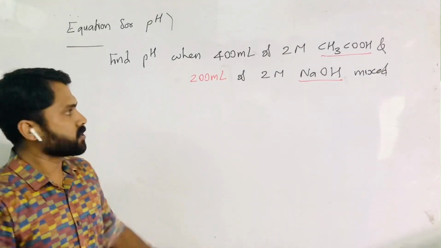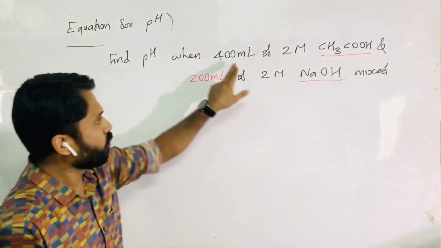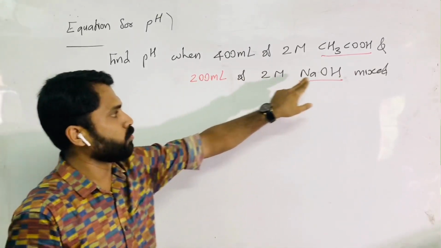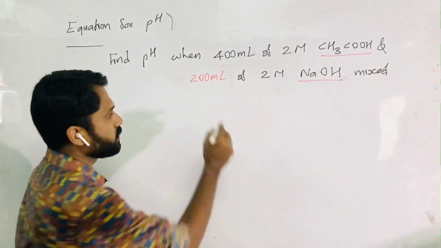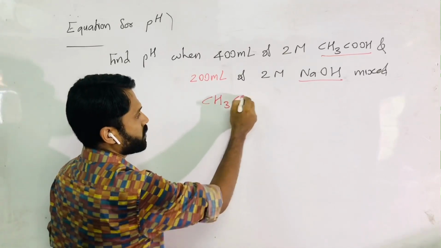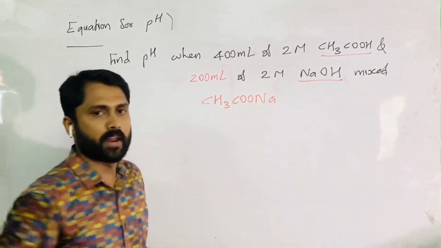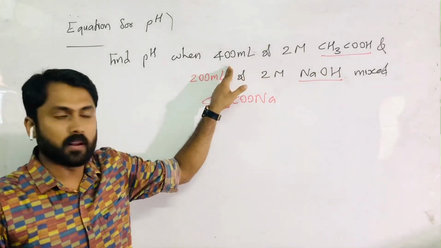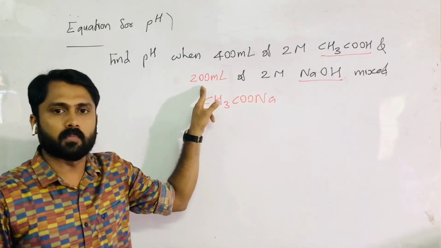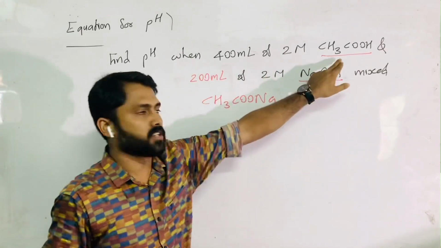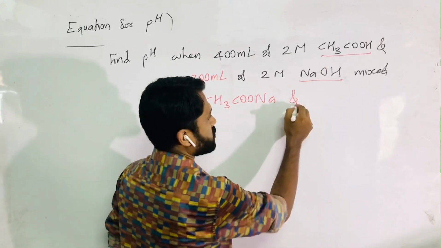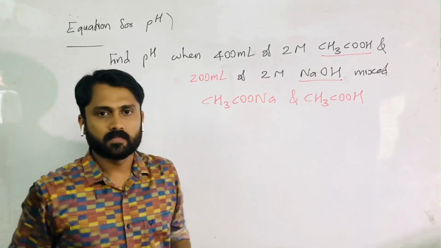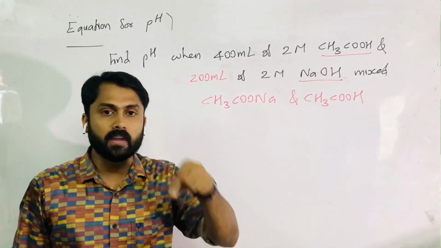Okay, let's discuss another question. 400 milliliter of 2 molar CH3COOH and 200 ml of 2 molar NaOH are mixed. There will be salt formation, CH3COONa. CH3COOH is 400 ml, NaOH is 200 ml, and the excess is CH3COOH. So CH3COOH still remains in the solution.